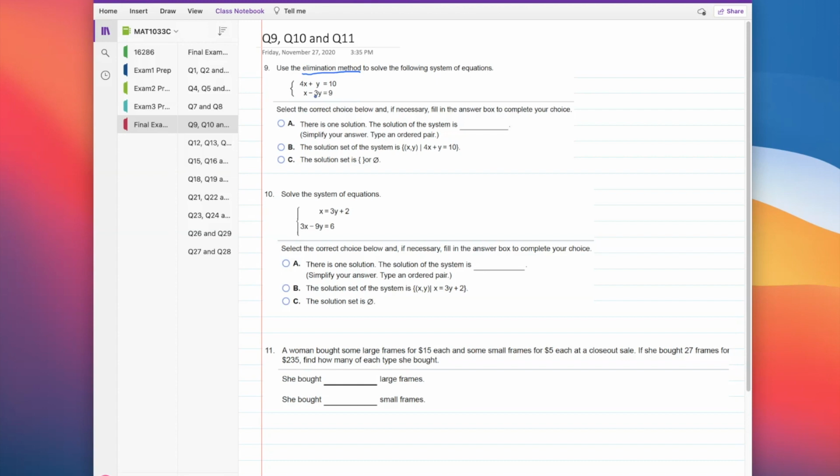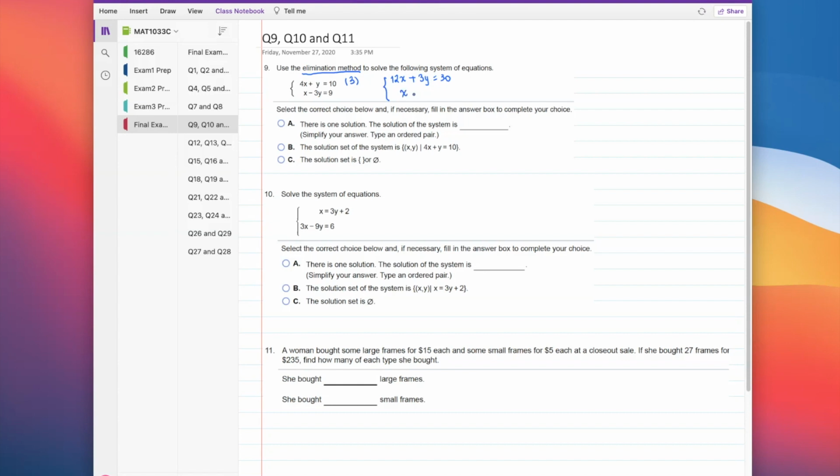If I have negative 3y here, if I multiply the first one by 3, and then I add them together, I will make this term disappear. So let's try first multiplying by 3. 12x plus 3y equals 30.